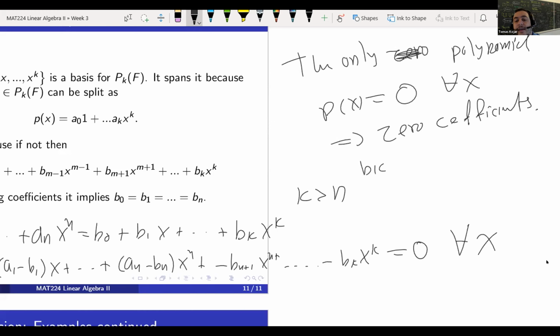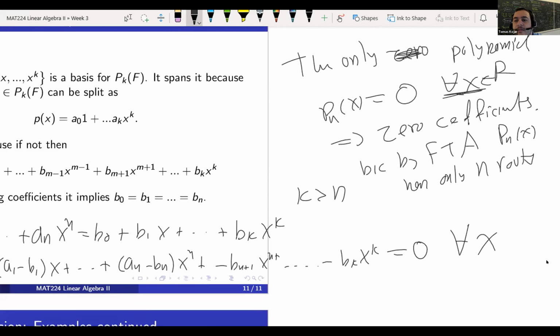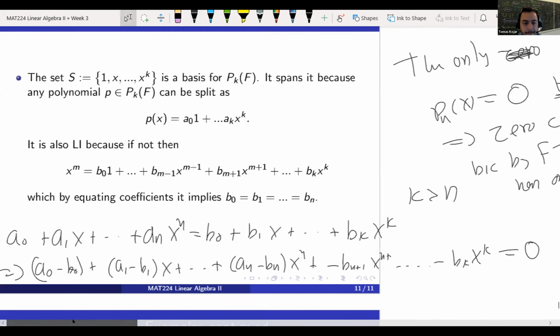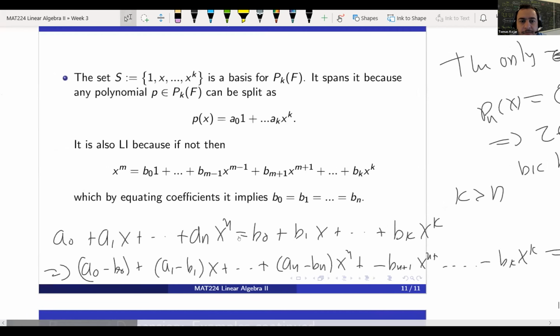Because by FTA, Pn of x has only n roots, not uncountably many, only n roots. So anyways, that's the game. Any question?